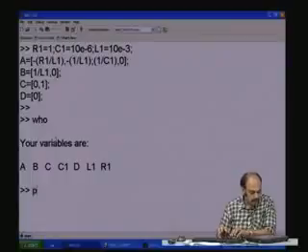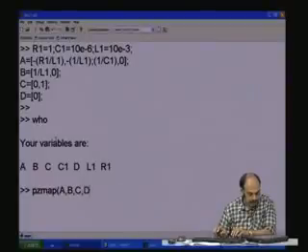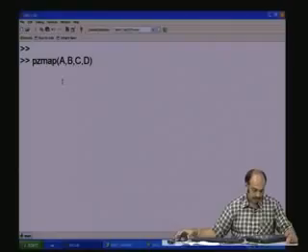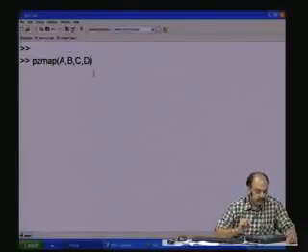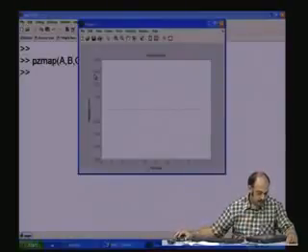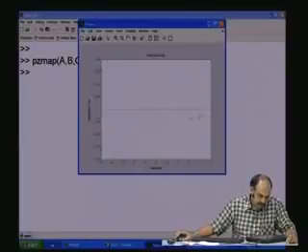Let us have a look at the pole 0 map of A, B, C, D. Let us see how the transfer function looks in the pole 0 domain. So, you see you get a pole 0 map of the S plane. This is the real axis.